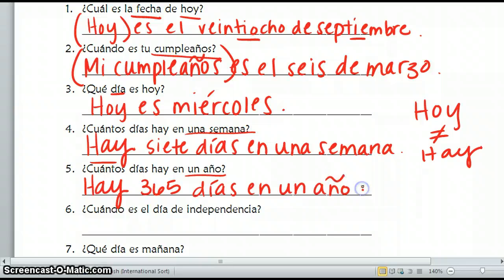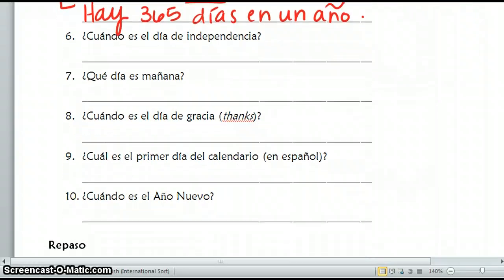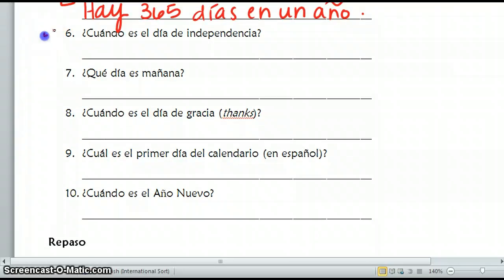There are 365 days in a year. So these two look a lot alike. They're essentially asking you the same thing, except one's asking about a week and one's asking about a year. Not too hard.